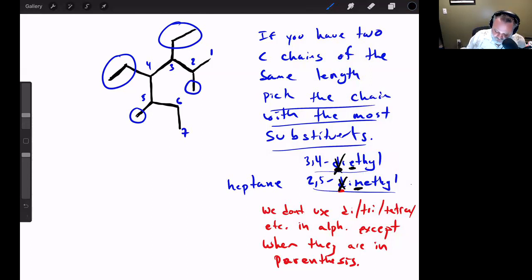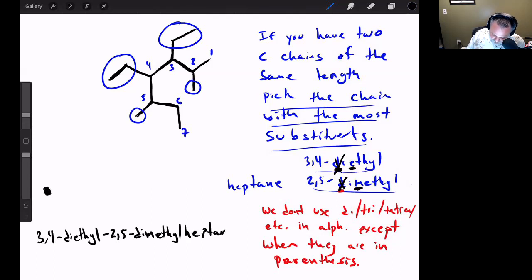And so the way that I sort this out would be to put 3,4-diethyl, more hyphens, 2,5-dimethylheptane. And so this is the name of this molecule, the way that I've drawn it out here.